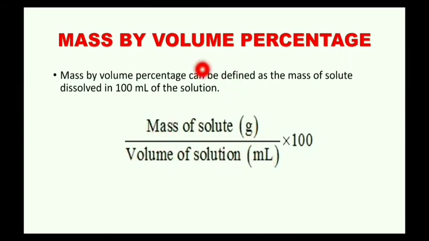So the formula for calculating mass by volume percentage is the mass of the solute, in grams, divided by the volume of the solution, in milliliters, into 100. This is the formula that is used to calculate mass by volume percentage.